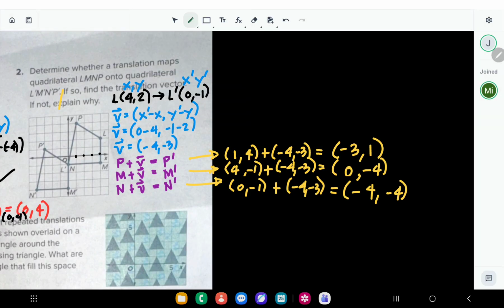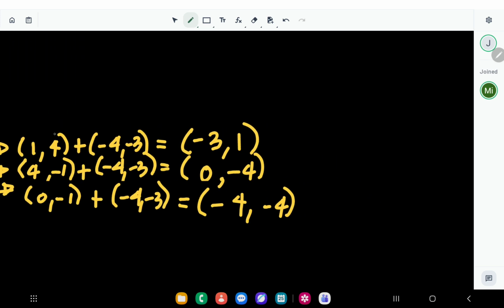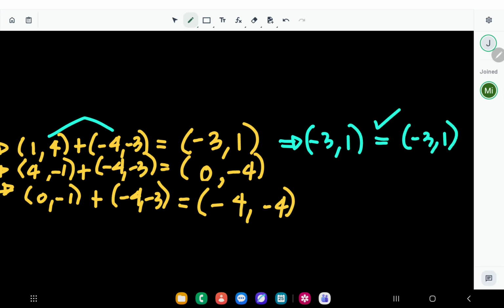Okay, so let's add them. This one we add 1 plus negative 4. This is negative 3. And then 4 plus negative 3 is 1. It's equal to negative 3, 1. Right? So that one is correct. It translates. Then the other one is 4 plus negative 4.